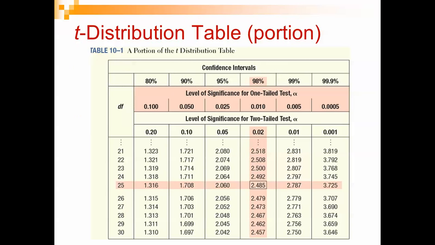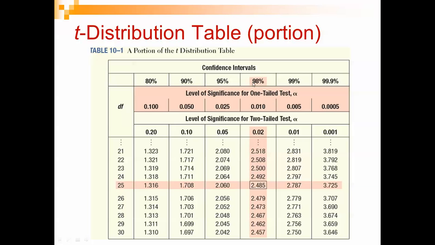Okay, so back of the book. And this is just explaining how you can go about doing it. Again, I encourage you to open up the back of your book so that you can see what it looks like in your book rather than just this snippet that's shown here. So we go to the one tail column. We're looking at a one-tailed test over here, and we want 0.01.